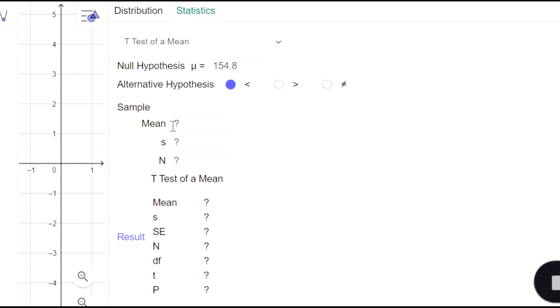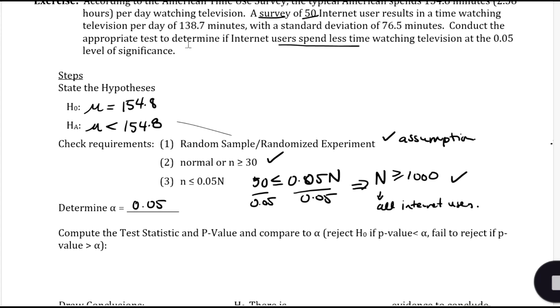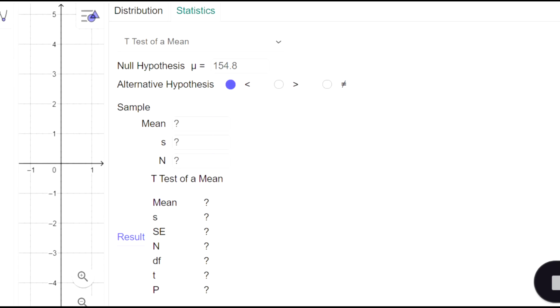Then our sample mean, our sample standard deviation, and our sample size are the next blanks, and those are given to us in the problem. So we recreate that in our GeoGebra inputs.